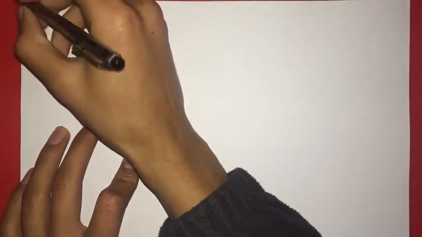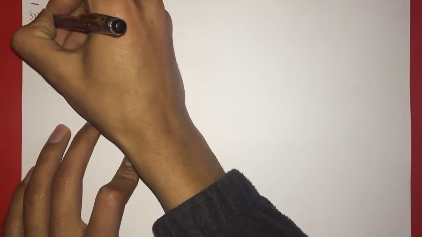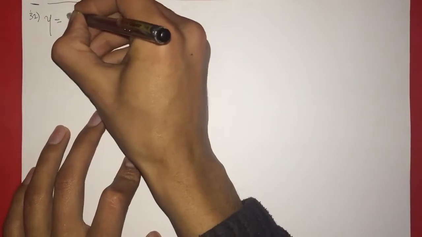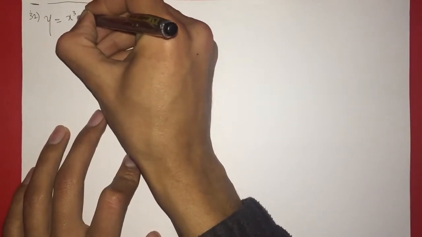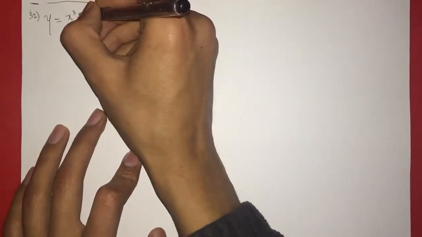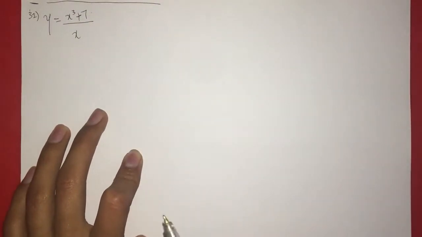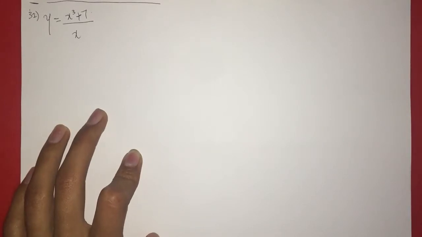So we pick part number 31, that is y equals (x cubed plus 7) divided by x. They are asking us to find the first and second derivative of this function.